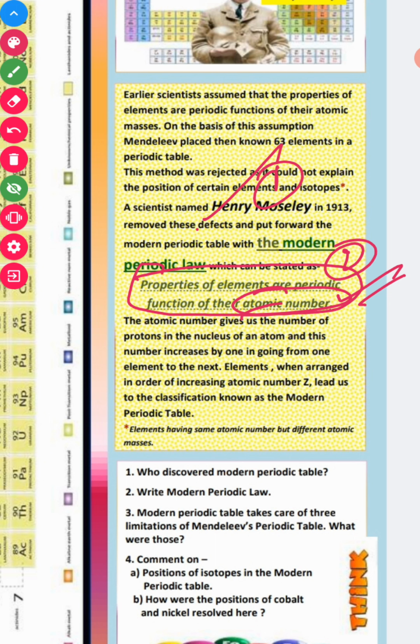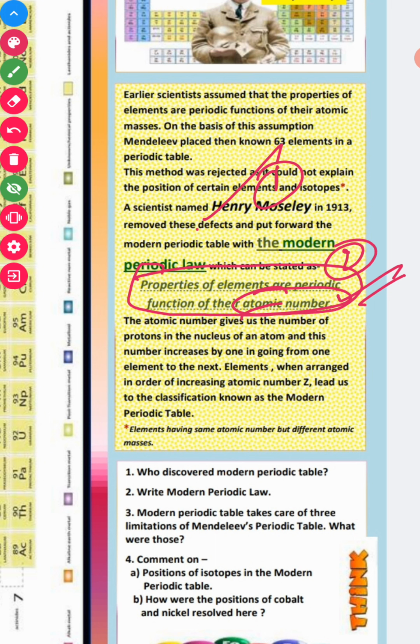Third question: the modern periodic table takes care of the three limitations of Mendeleev's periodic table. What were those? First, the position of hydrogen.